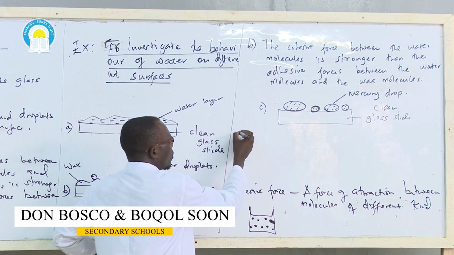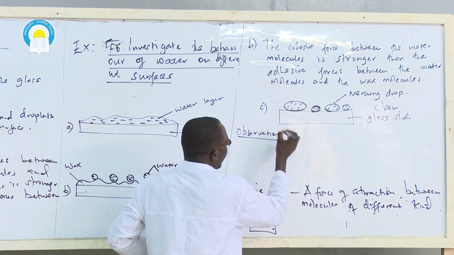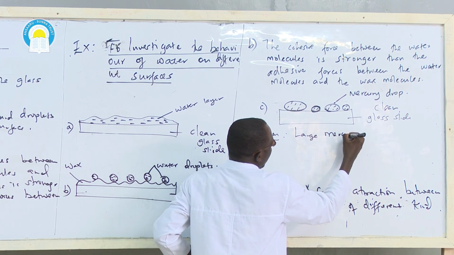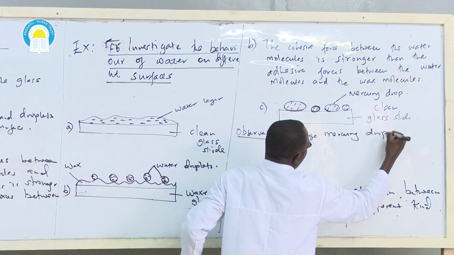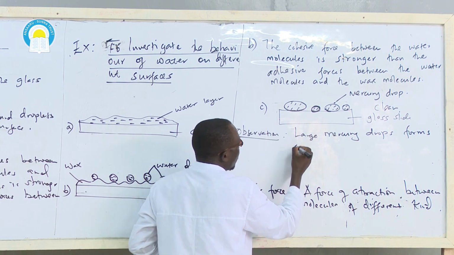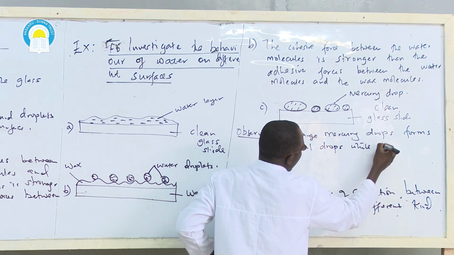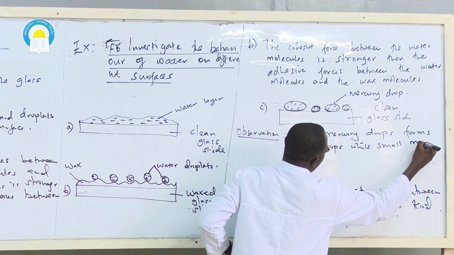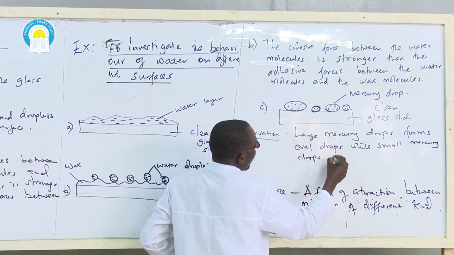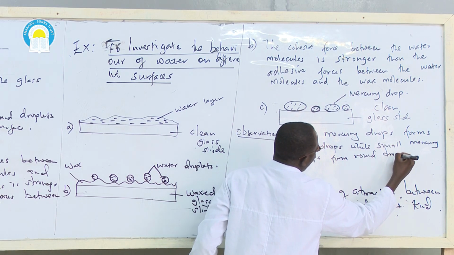So, observation here: large mercury drops form oval drops, while small mercury drops form round drops.